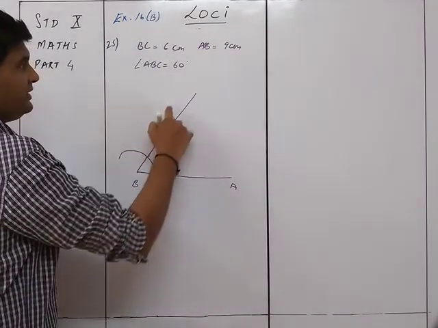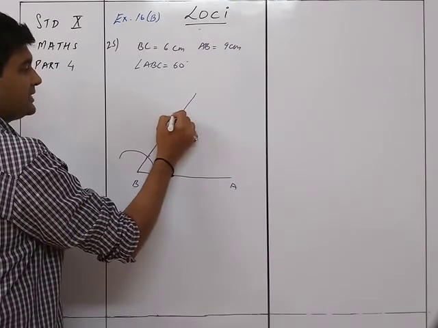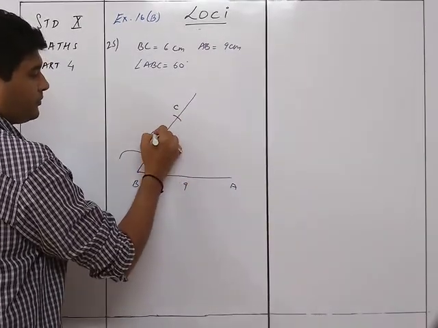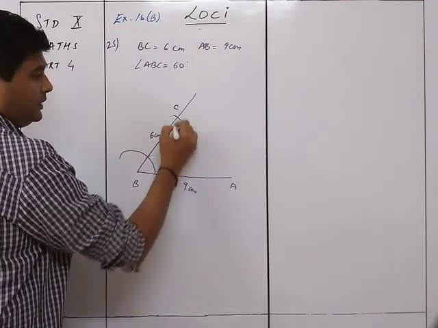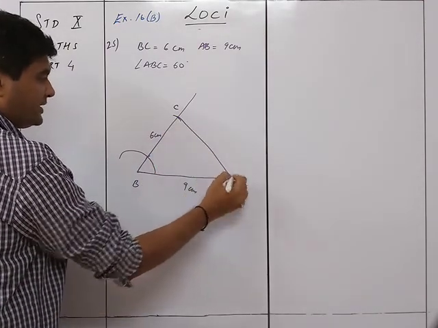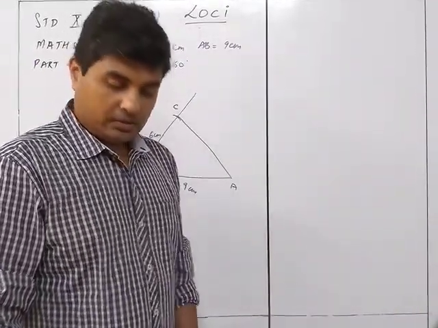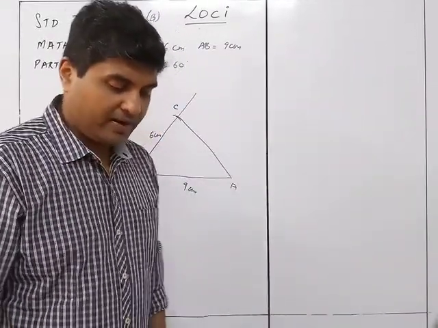And then you know BC is 6 centimeters, so cut an arc at 6 centimeters. That is 6, this is 9. Join this to give you the resultant triangle. So this was the first part, construction of triangle ABC.